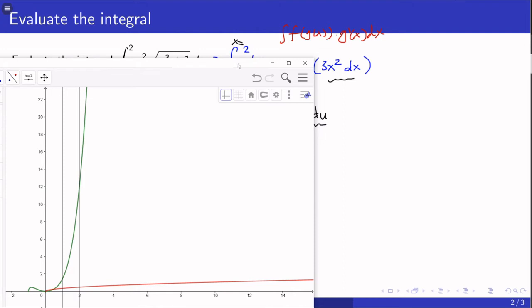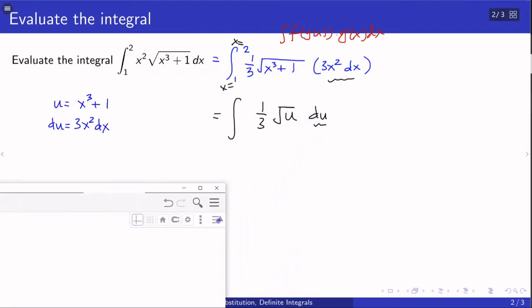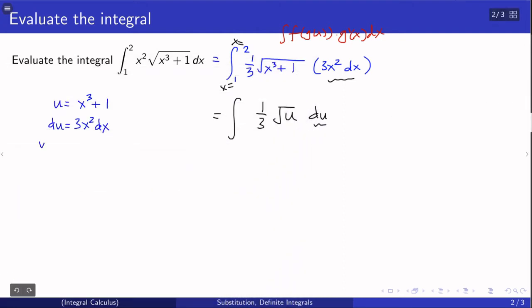And so what I need to do is to ask the question, when x equals 1 and x equals 2, what is u equal to? And you have your substitution rule, right? It's x cubed plus 1. So we just take 1 cubed plus 1, that's 2. 2 cubed plus 1, that's 9.